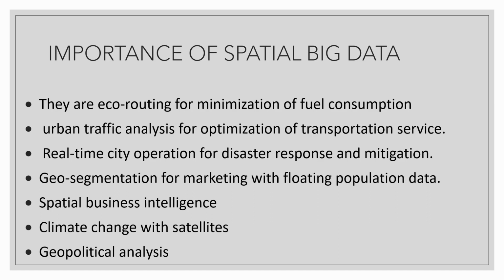Other examples are spatial business intelligence and geopolitical analysis with geo-tagged SNS data. They are good examples for natural science, climate change study with satellite image analysis will be a good example of spatial big data. Another example I have is the healthcare application.